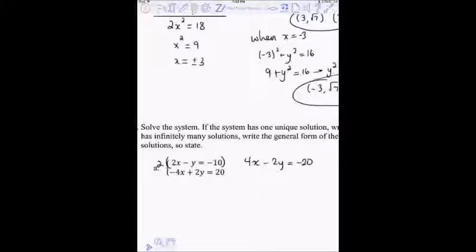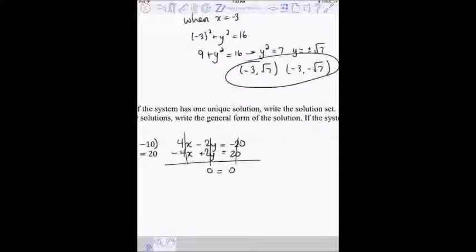Bottom equation stays the same. Now I can do the elimination method. But I end up with 0 equals 0. You need to remember that means infinitely many solutions.